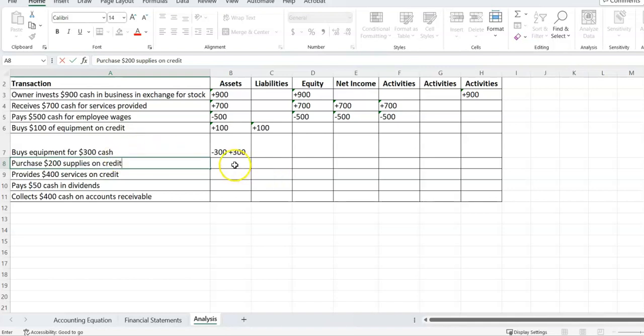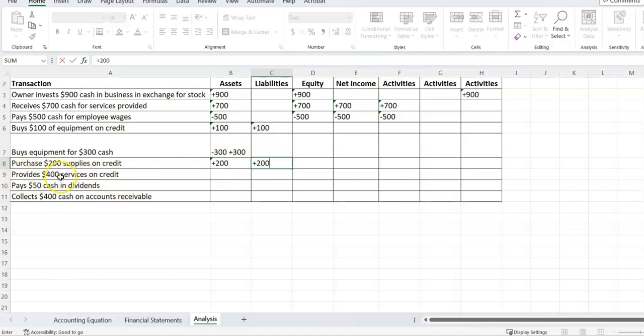Okay. So now we've increased an asset, supplies, and we've increased a liability. The main reason I changed that one is because we don't want to pay on accounts payable more than we owe. So we needed to owe more than $200 before we could pay back.